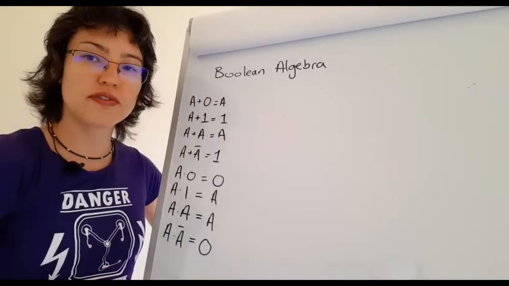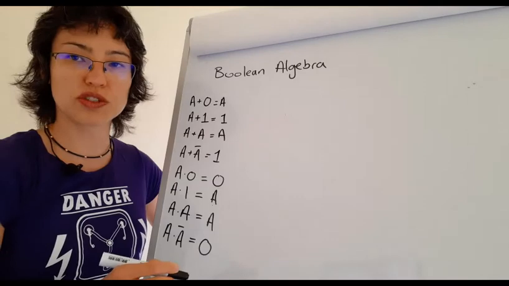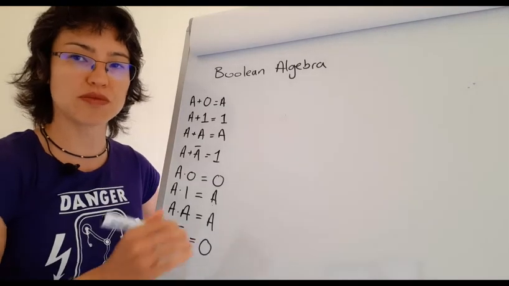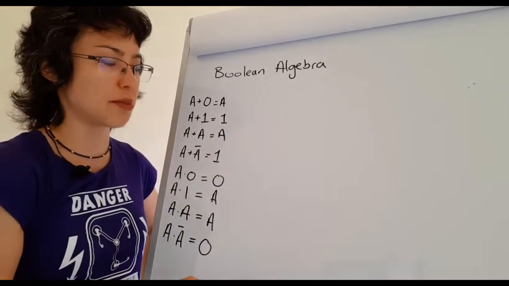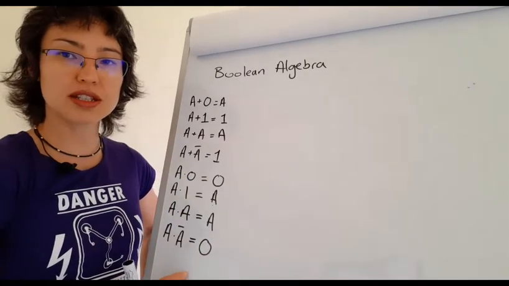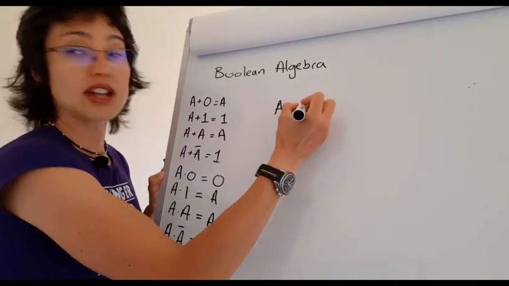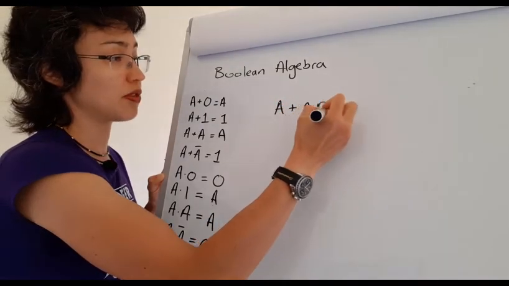There are just a few more complicated simplification rules that become really useful when we have more complex mathematical expressions. So you still need to keep these in mind to be able to simplify, but I'll just introduce these extra couple of rules that are very helpful.